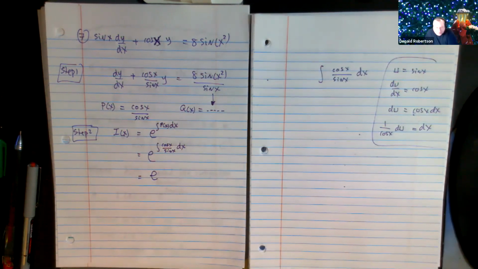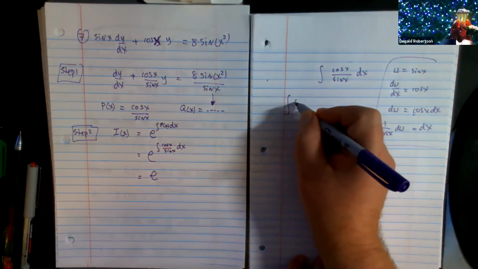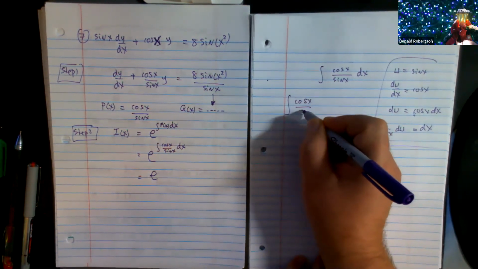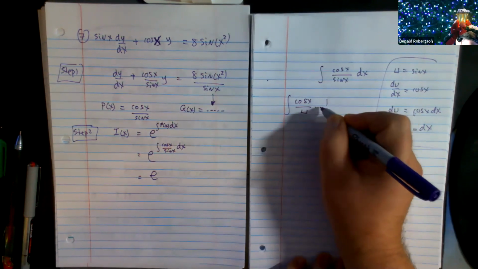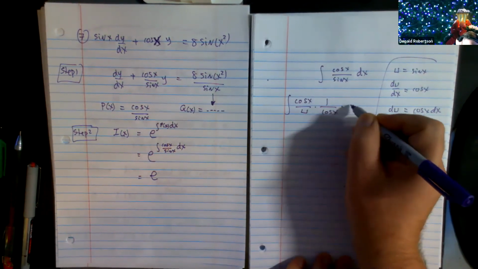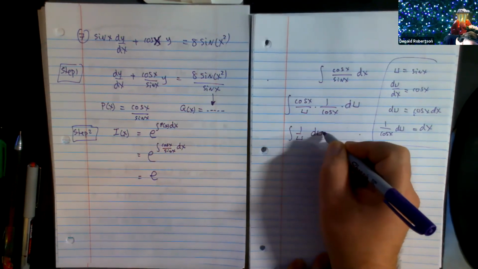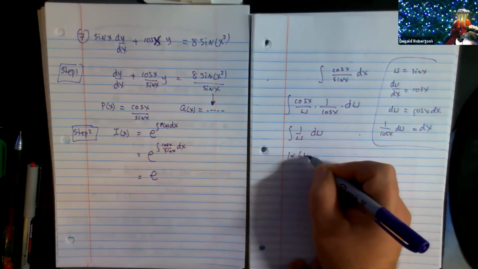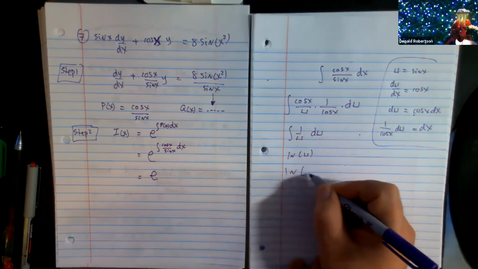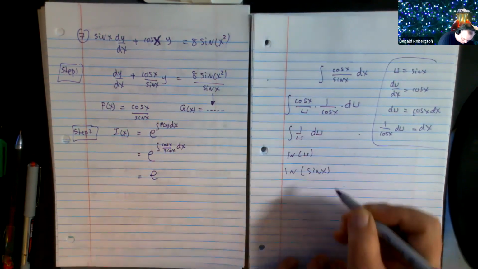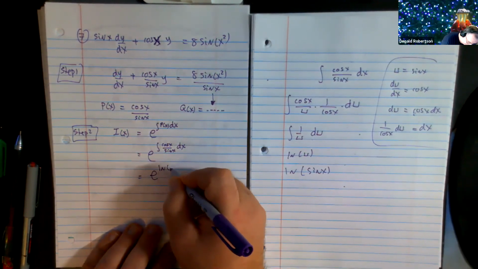I know it's only 11 weeks, but shouldn't U subs become almost second nature now? Yeah, you know the process. Now, what's going to happen here is, at least originally, cosine x over U times 1 over cosine x du. That becomes 1 over U, and we get the natural log of U, which becomes the natural log of sine x. And that's what goes here.